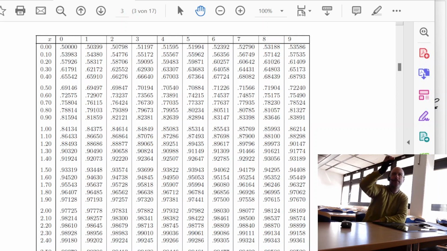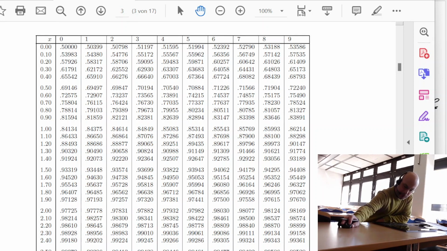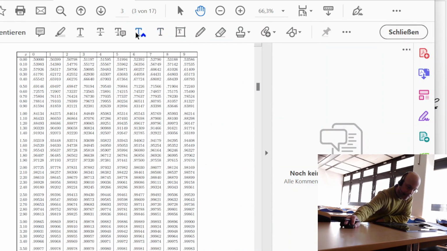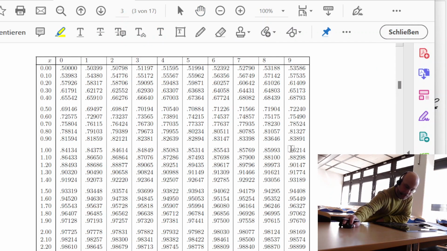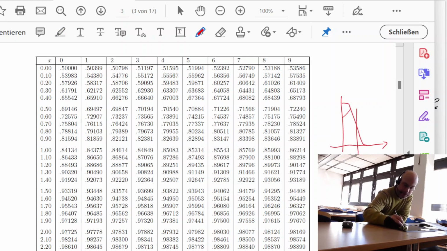Here we have, from the property that the standard normal distribution is symmetric, all positive numbers. So this part would be just half of it.